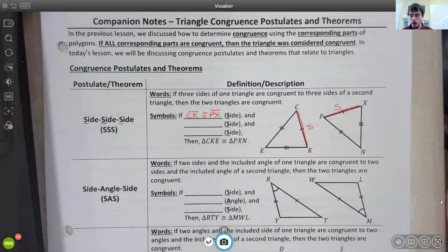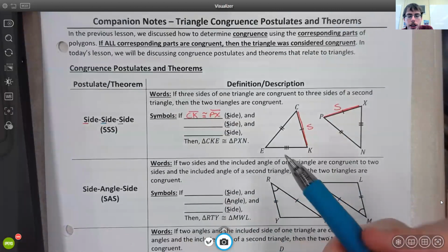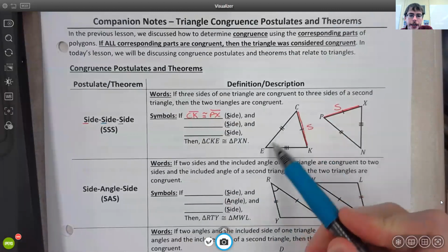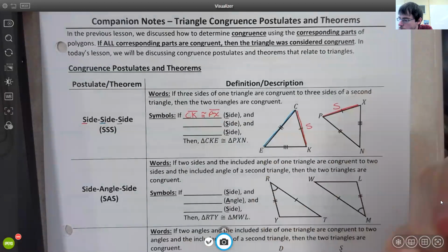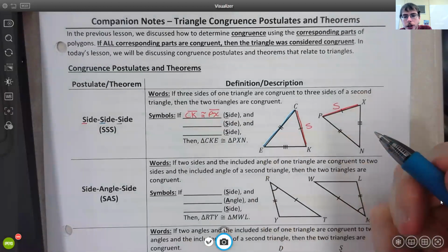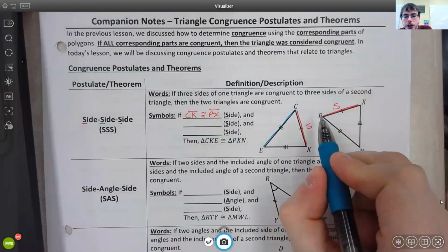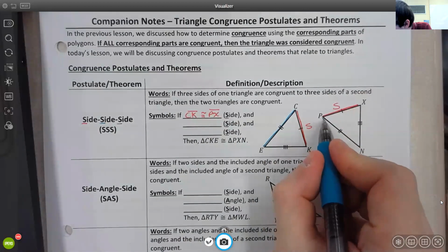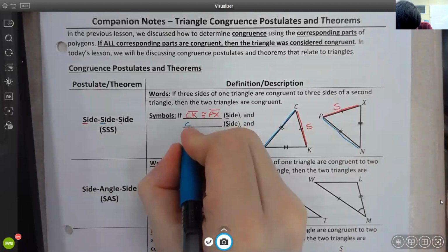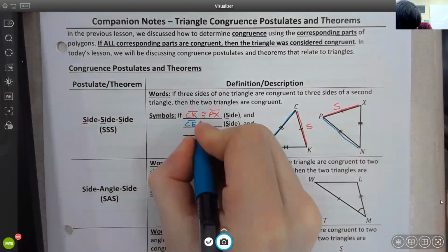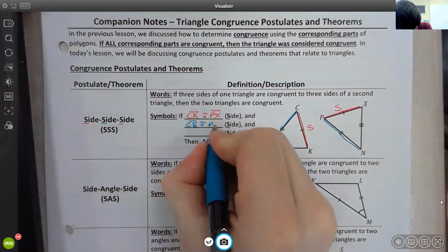Okay. All right, now we're going to move on to the light blue, and we're going to look at our next side. Well, I'm looking at the CE, which has 2 congruent tick marks. So I've got 2 congruent tick marks here, and I'm looking for 2 congruent tick marks on the other one, which is PN. So CE is congruent to PN.